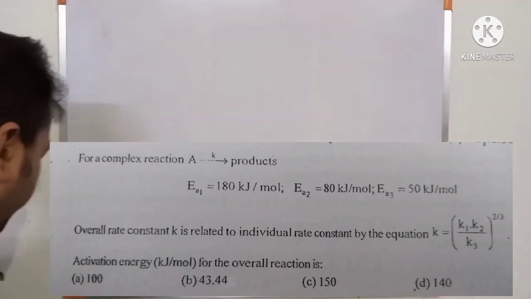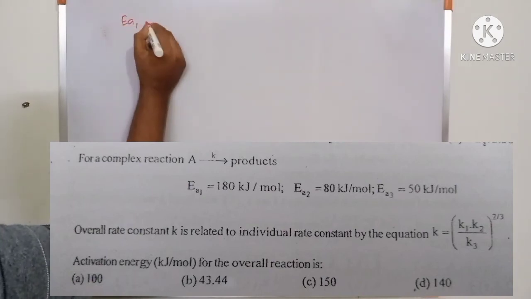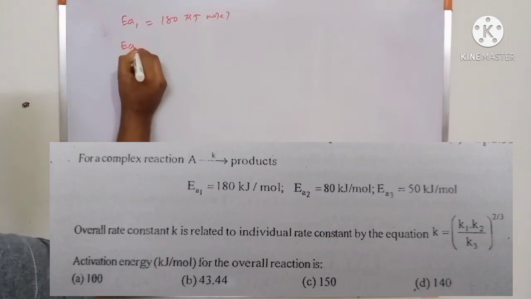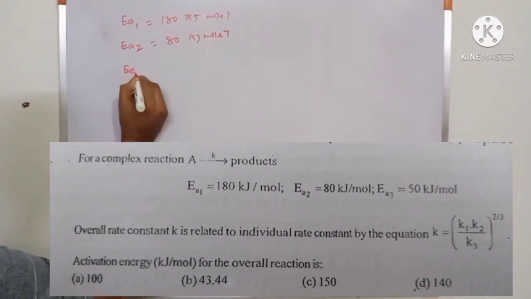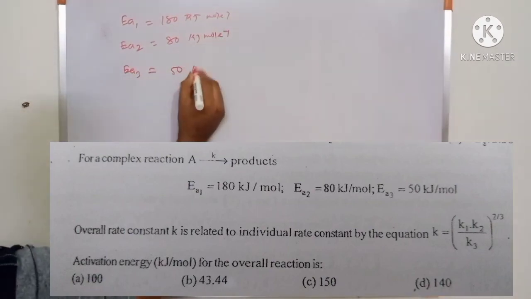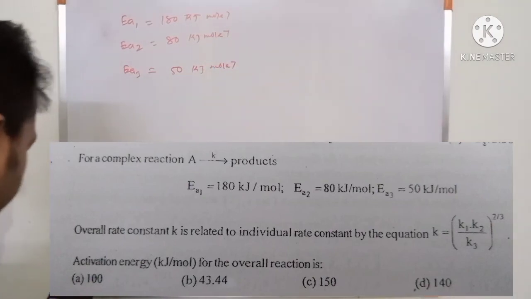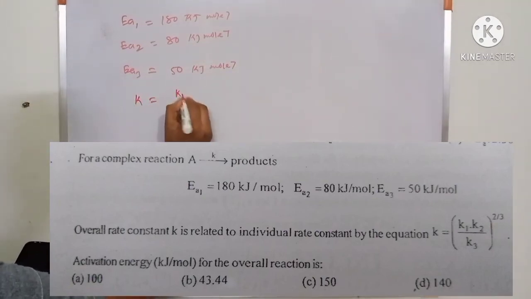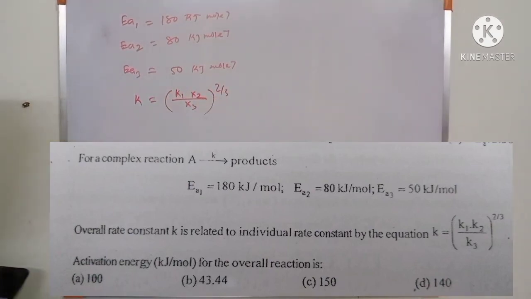Third example: for a complex reaction A to product, EA1 equals 180 kilojoule per mole, EA2 equals 80 kilojoule per mole, EA3 equals 50 kilojoule per mole. The overall rate constant K is related to individual rate constants by the equation K equal to K1 K2 by K3, whole to the power 2 by 3. Calculate the activation energy of the overall reaction.